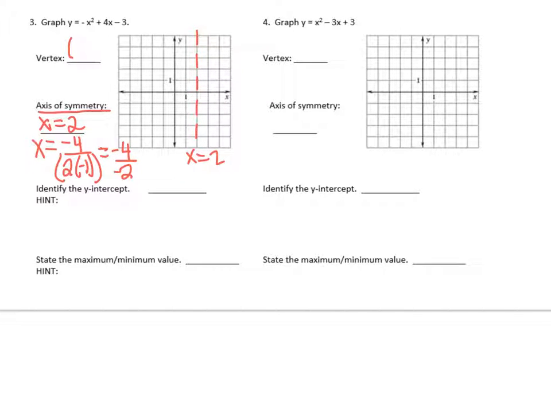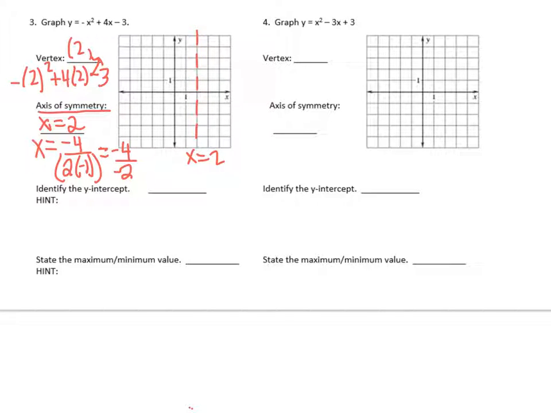My vertex is going to have that same x value. Now we've got to find our y value by plugging our x value into the equation here. So I'm going to do negative, or the opposite, because that opposite's already in there, so it's not inside parentheses. 2 squared plus 4 times 2.